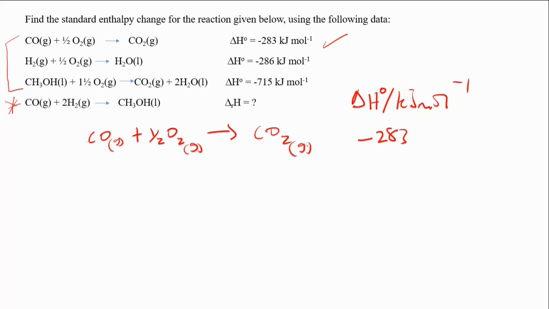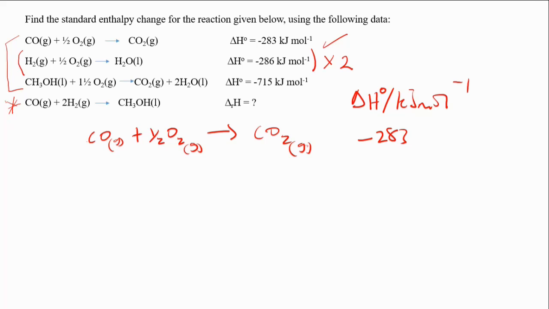Yes, it is. Is it present in the correct number of moles? No, it is not. This equation only has 1 mole of hydrogen gas, whereas this one requires 2 moles. So this equation here will have to be multiplied by 2, and also the delta H value will have to be multiplied by 2.